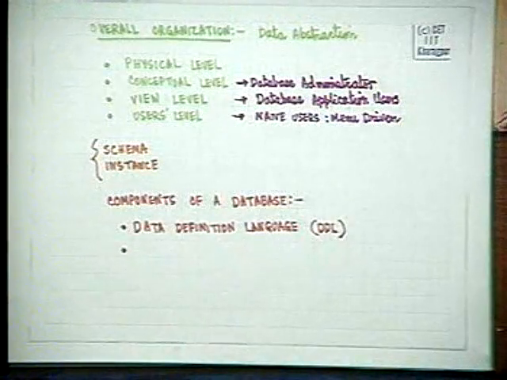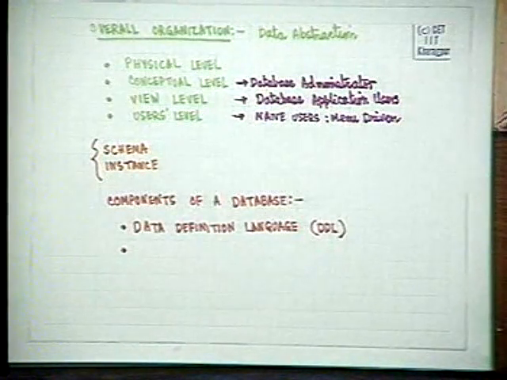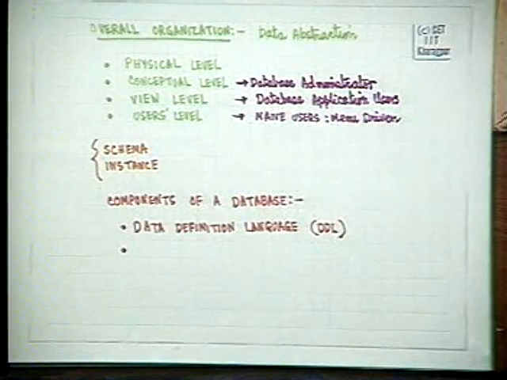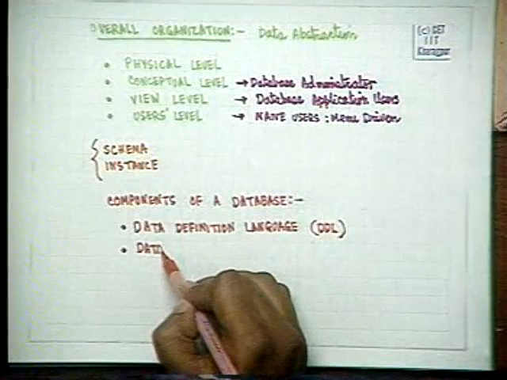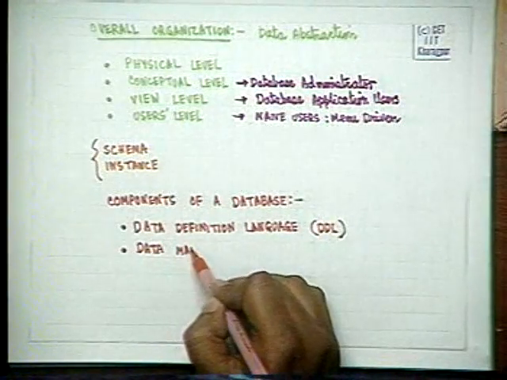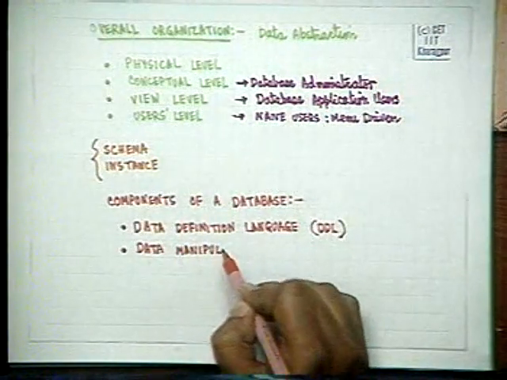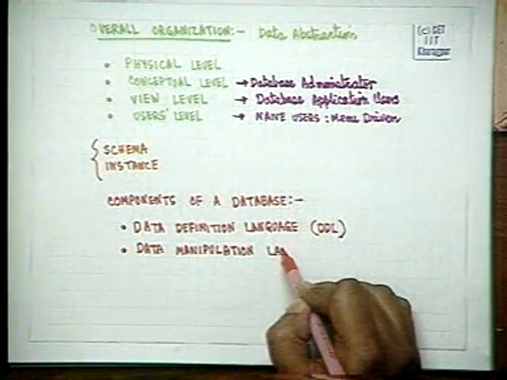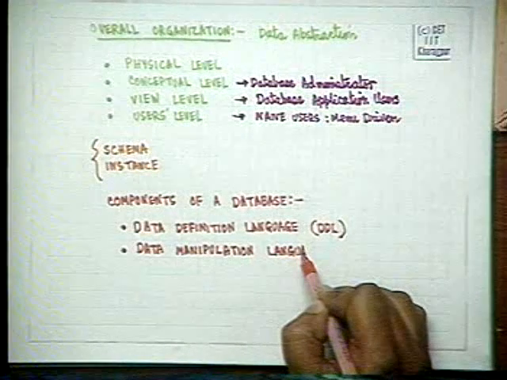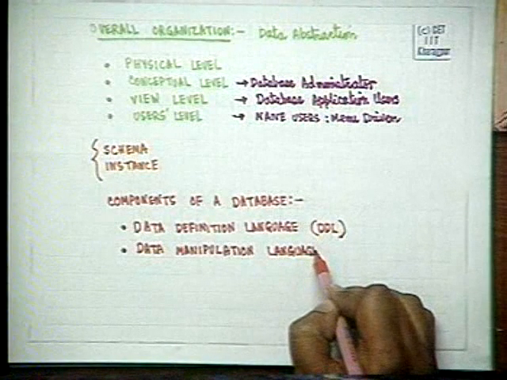The second must be a set of functions or procedures which access and process, as we have seen. So for that you must have what is called a data manipulation language, or a DML.